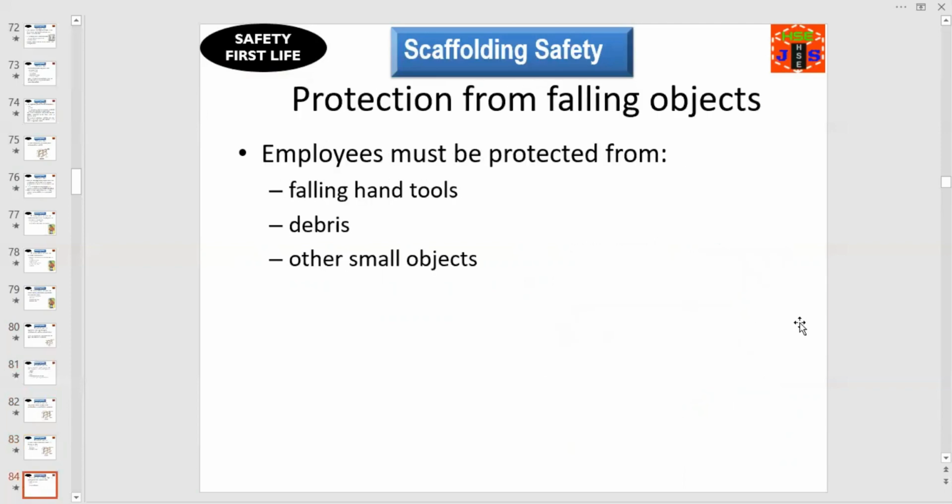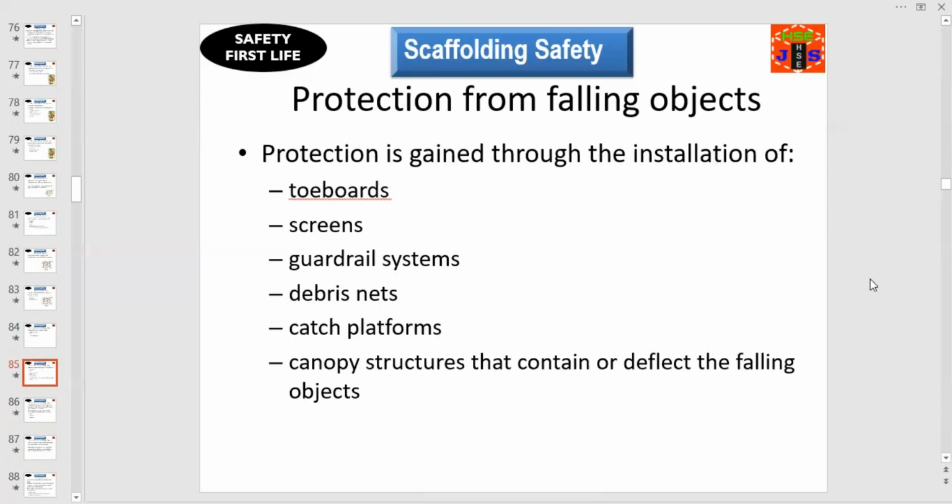Here, you have to consider protection from falling objects. This is also an example of a potential hazard related to scaffolding. Employees must be protected from falling hand tools, debris, and other small objects.